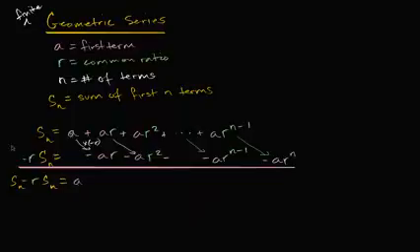But everything else, except for this last thing, is going to cancel out. So these two are going to cancel out. These two are going to cancel out. And all we're going to be left with is a negative a r to the n. So it's going to be a minus a times r to the nth power.